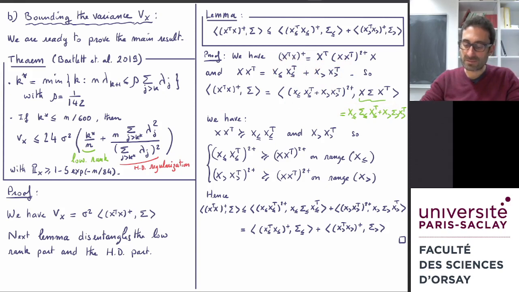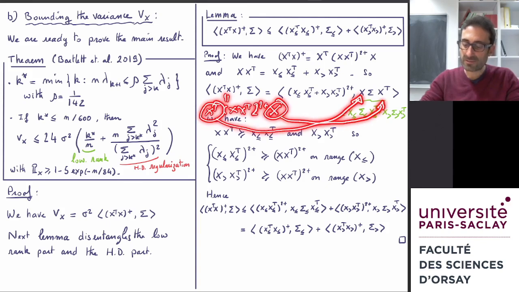I will use this inequality. So here, as I said, I have this equality here. And when I use this equality that we have seen, I will move this to the other side of the scalar product.